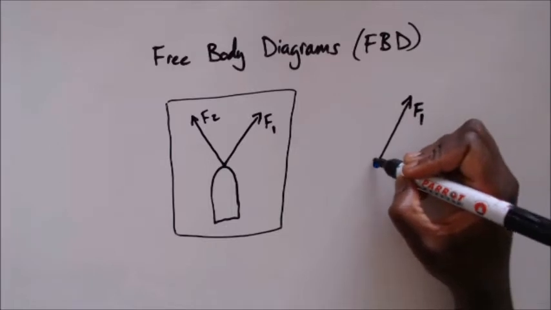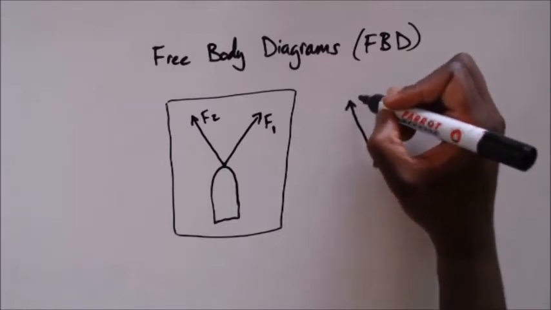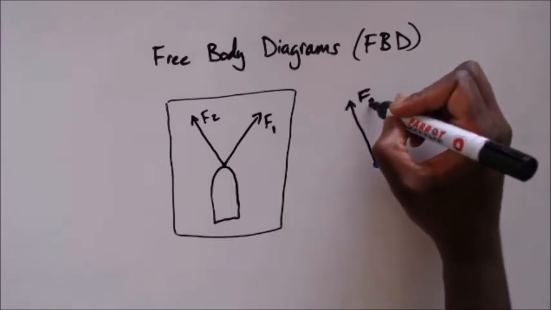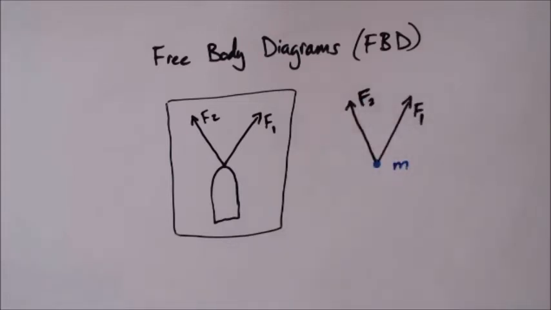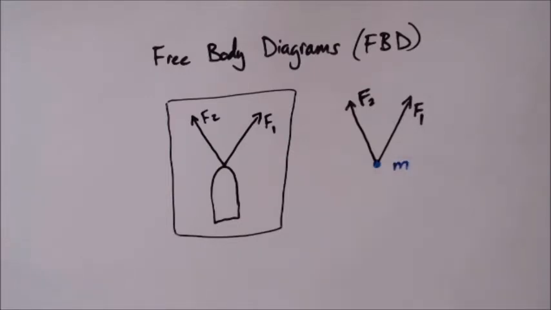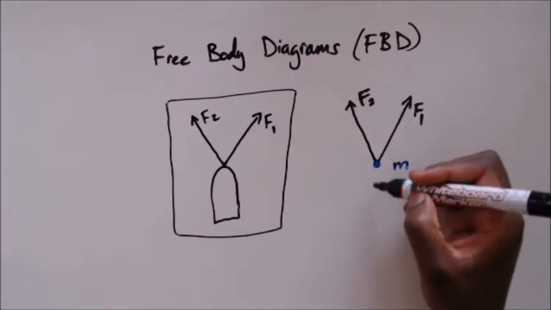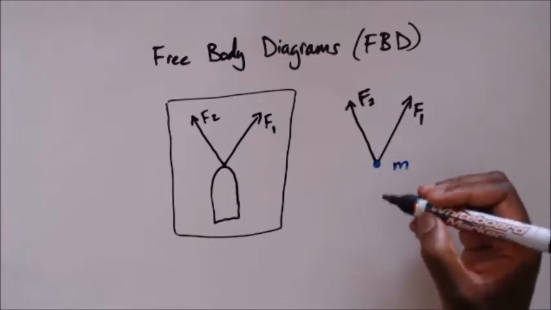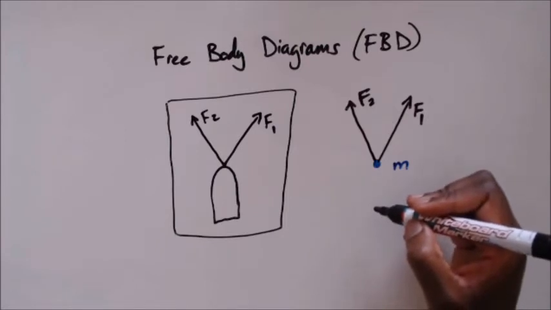So there's F1 and there's F2. Now you can imagine that if this ship was actually moving, there'd be some kind of resistive force, the sum of air resistance and friction between the ship and the water, which would be acting in this kind of direction. And so we could draw that in as well.